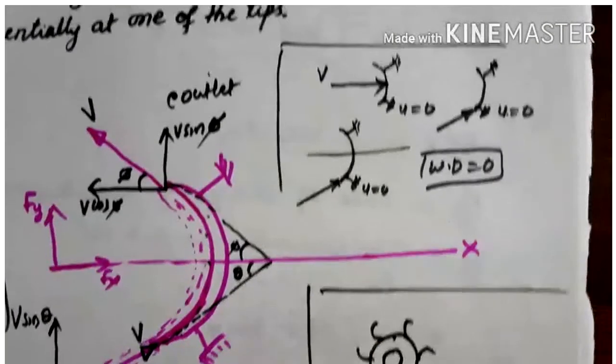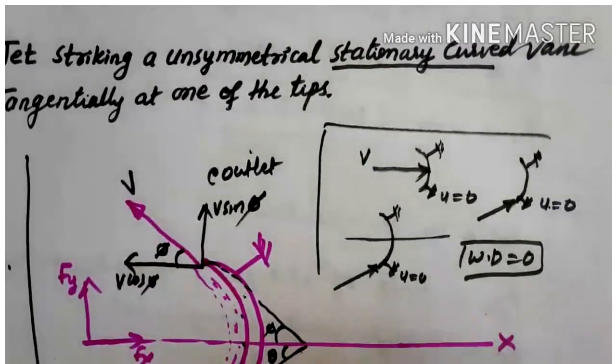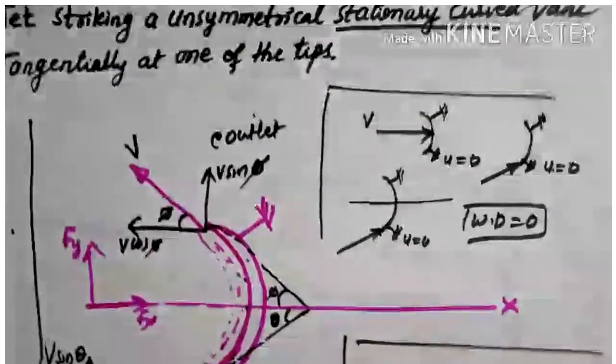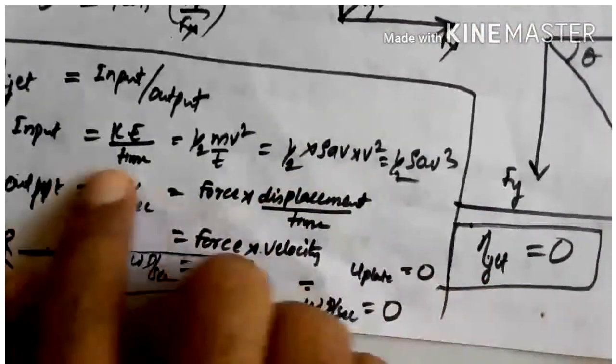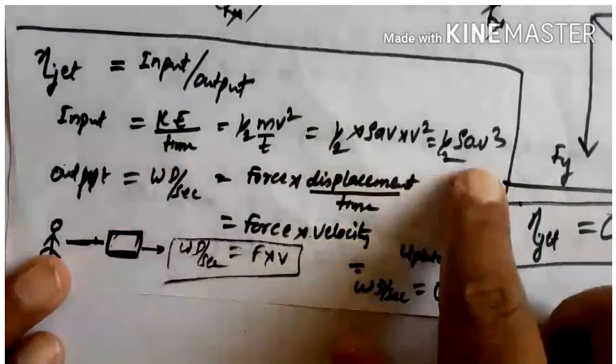I hope you understood these three stationary cases. Remember, if in the exam they ask you to calculate efficiency for the stationary case, first calculate the kinetic energy of the jet, that is the input you are giving at the inlet of the plate. The input is the kinetic energy per unit time, so this is the equation.